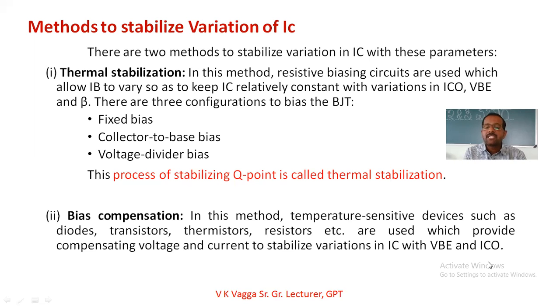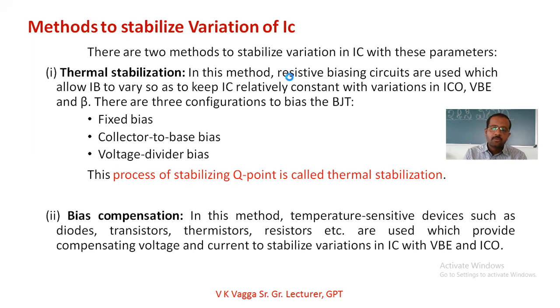If the IC increases unexpectedly, it is compensated by the bias compensation circuit and is going to decrease. And if the IC decreases unexpectedly, the bias compensation circuit is going to increase it. In this way, the variations of the IC are stabilized.